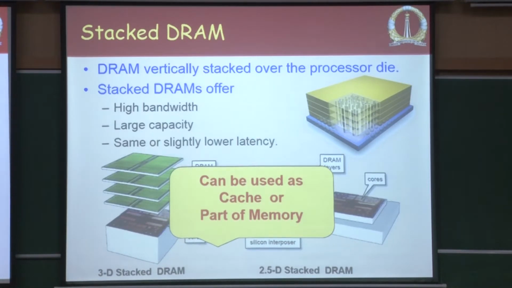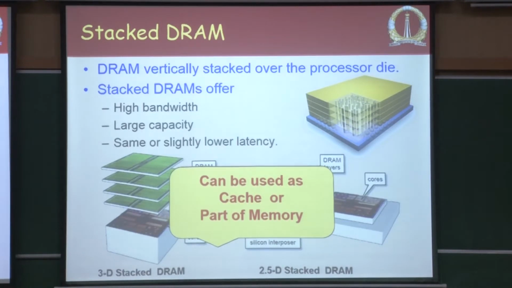Do you remember that word? Go back and check what is MCDRAM. MCDRAM is a stacked DRAM, and you could use that either as a cache or as a part of memory.